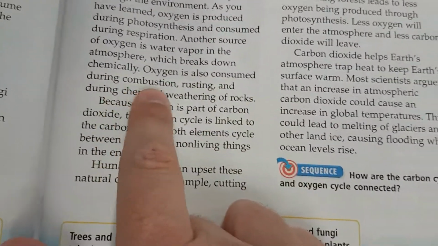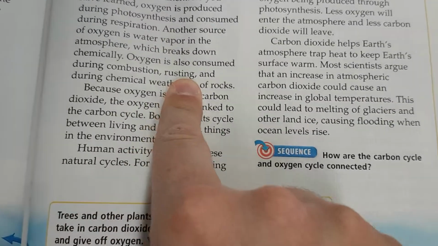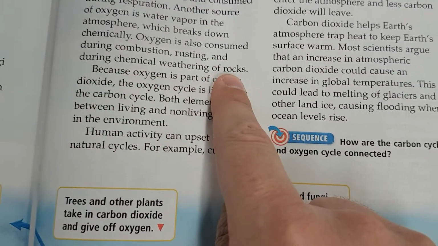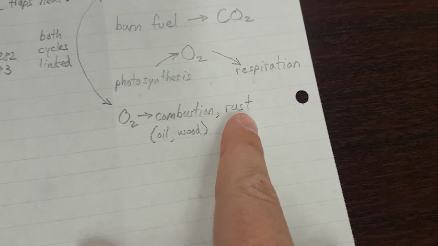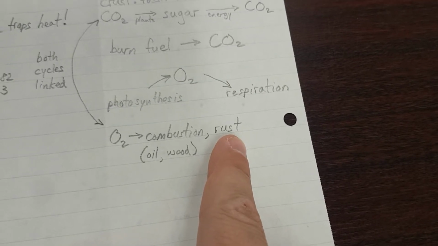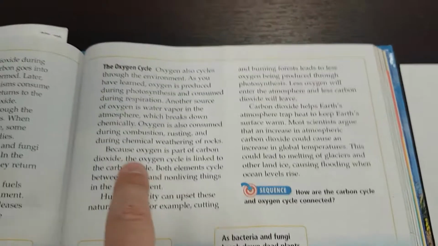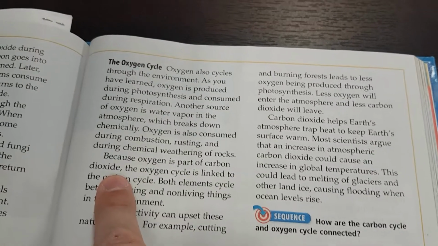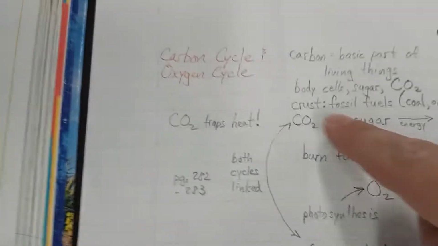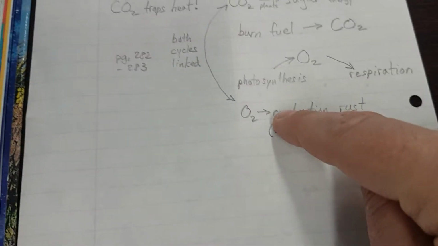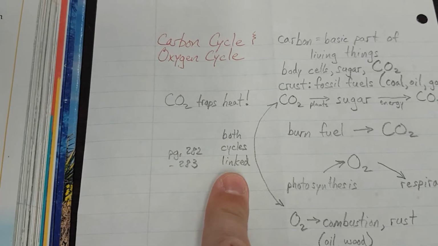Oxygen is also consumed during combustion, rusting, and during chemical weathering of rocks. So, oxygen gets used in combustion and from rust, things that rust, like steel and iron. Okay, because oxygen is part of carbon dioxide, the oxygen cycle is linked to the carbon cycle. Double arrows from O2 all the way up to CO2, both cycles linked.